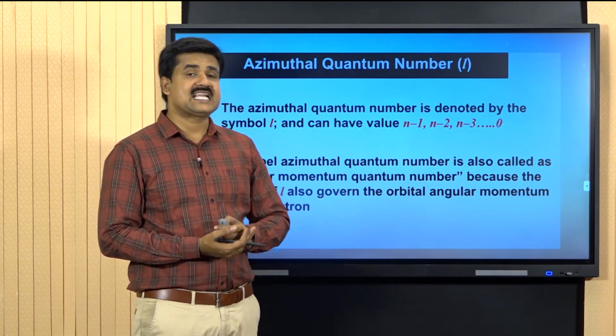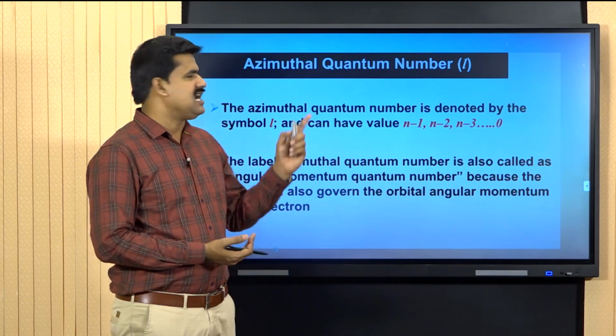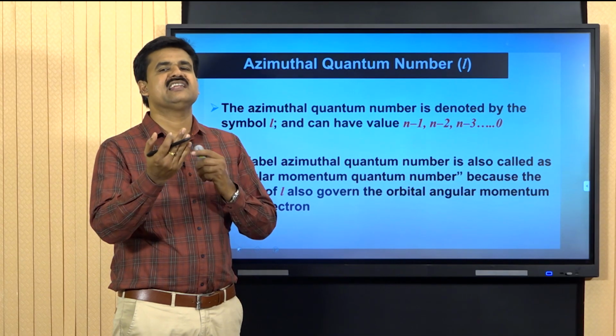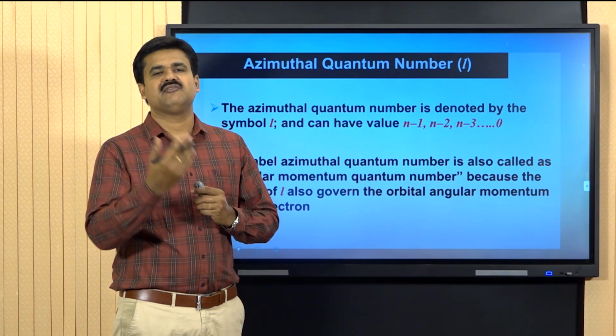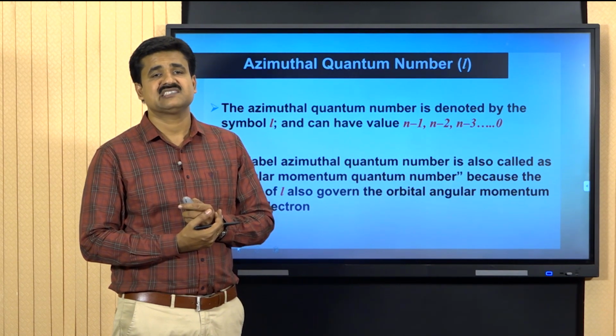Now, the second quantum number, that is azimuthal quantum number. The azimuthal quantum number is denoted by the symbol L and can have values n minus 1, n minus 2, n minus 3, etc. up to 0. Or telling in the reverse order, L can have values ranging from 0, 1, 2, 3, etc. up to n minus 1.